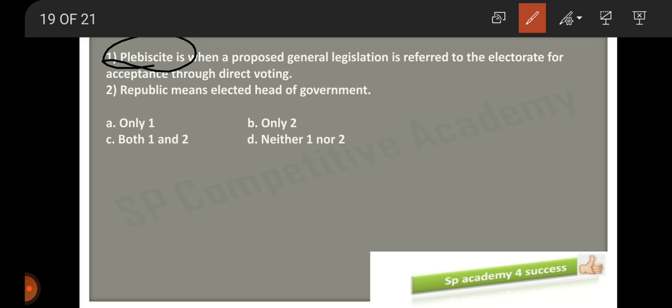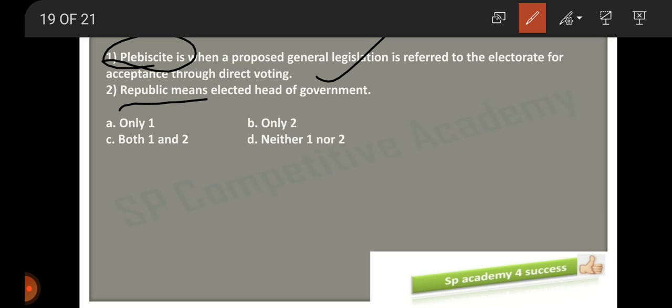Okay, so now the question is, are we collecting the opinion of the people? Are we following plebiscite? Yes, we are collecting the opinion of the people through the process of republic. So what is republic? Electing the representatives. Our representatives are elected by us only. The people are giving their opinion, the people are electing the representatives. So the first statement is right here.